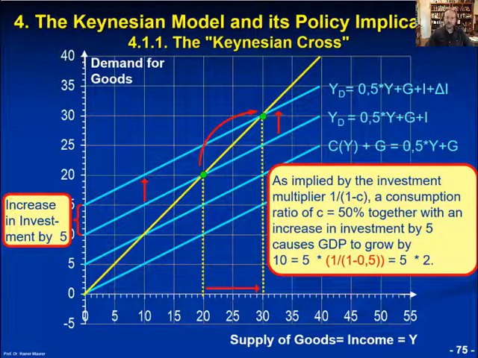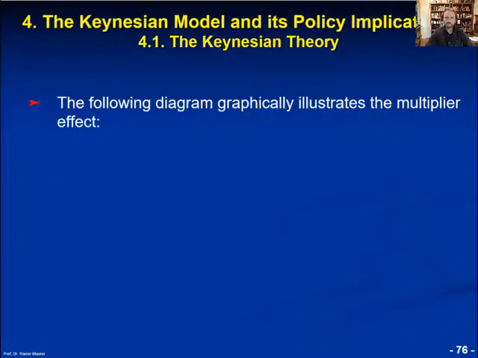This is also implied by the multiplier, which equals 2, as we have already seen, if the consumption ratio is equal to 50%. A multiplier of 2 times the increase in investment goods demand of 5 means that total GDP will grow by 10. But why does this additional consumption growth by 5 units result?